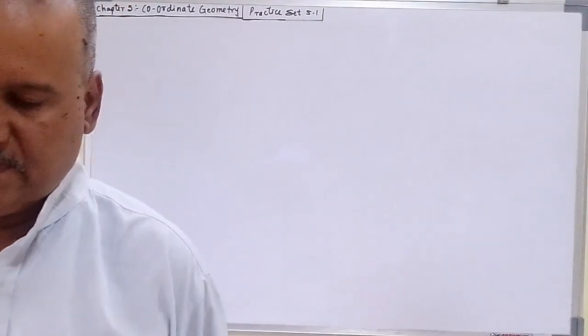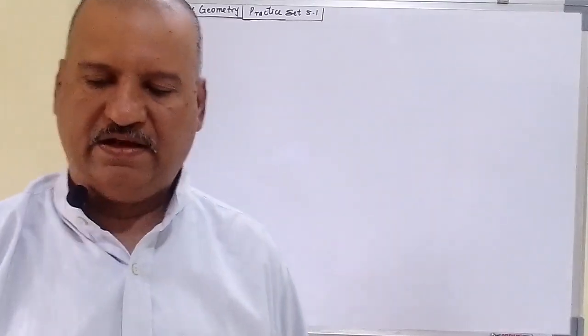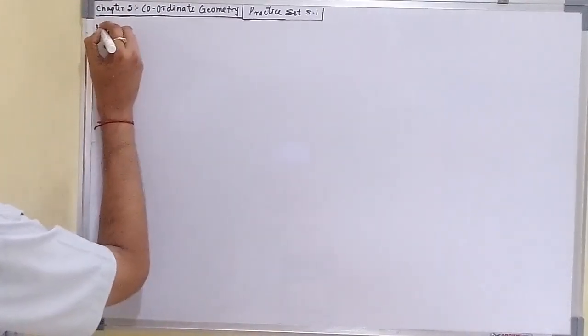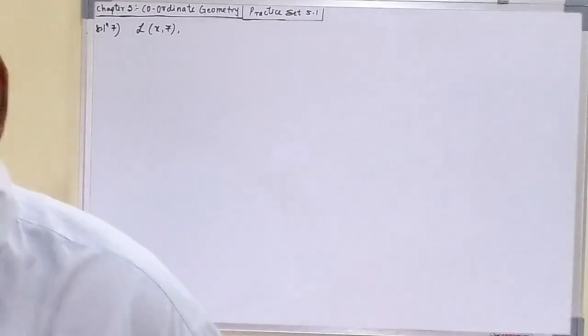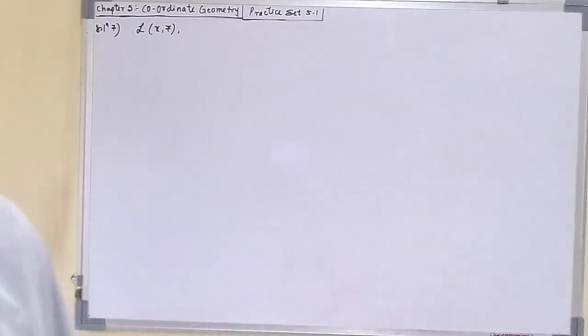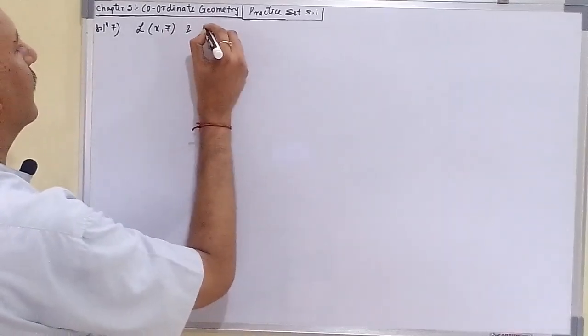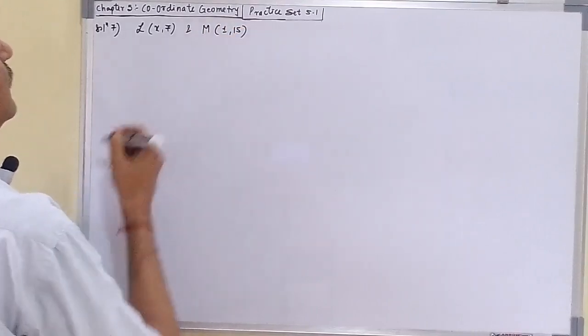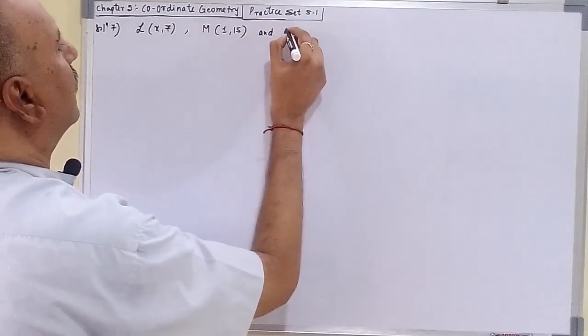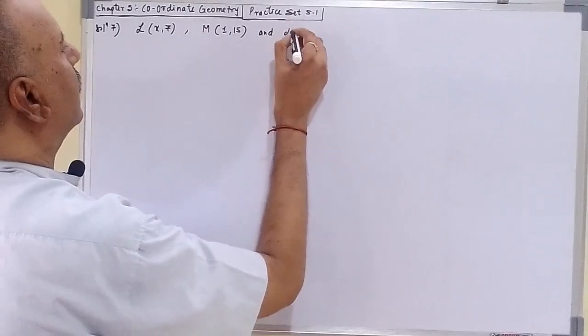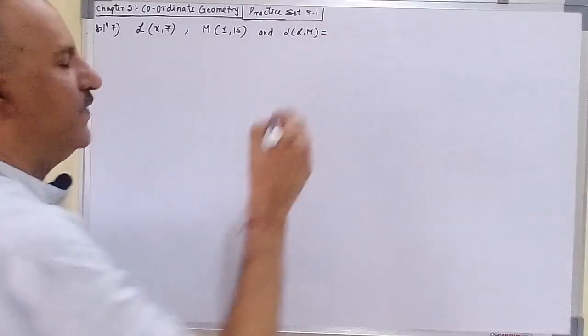Find the value of x if the distance between L, that is x comma 7, and M, 1 comma 15, is 10. Keep the textbook in front of you, so it helps.